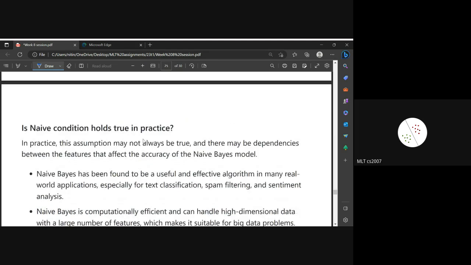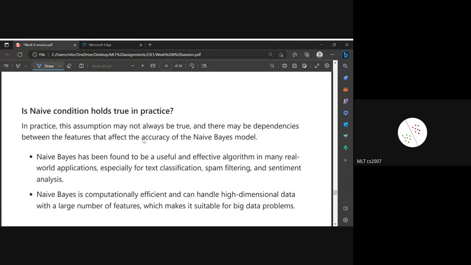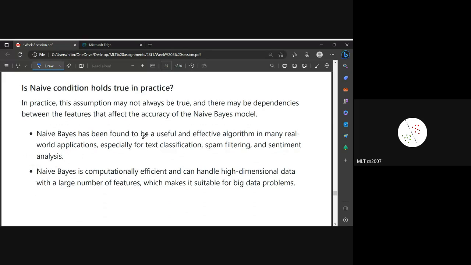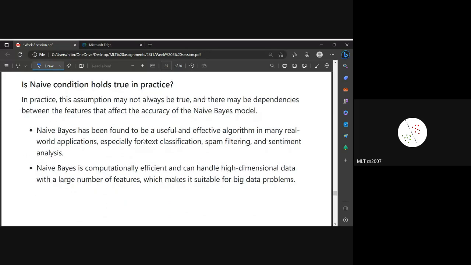This naive condition generally need not hold in practice, and that's the reason this model's accuracy is affected. But it works well where the dimension of the data set is very high, and it is generally used for text classification or spam filtering problems.